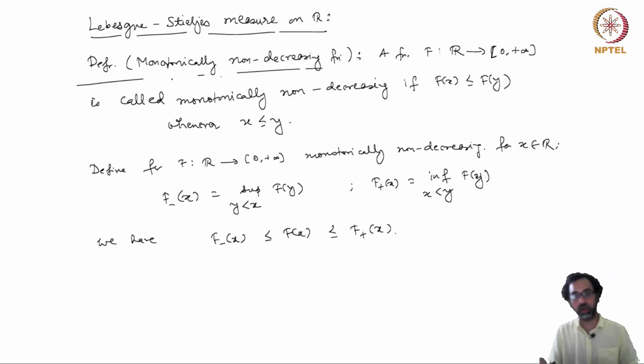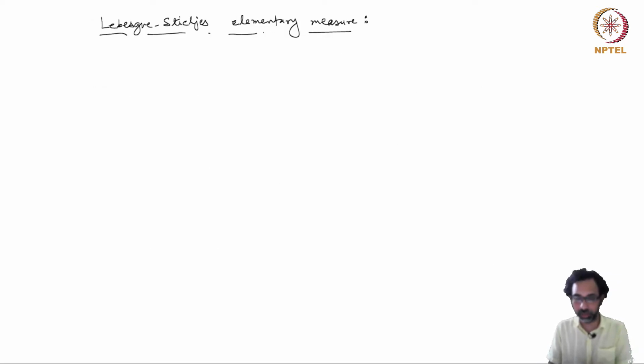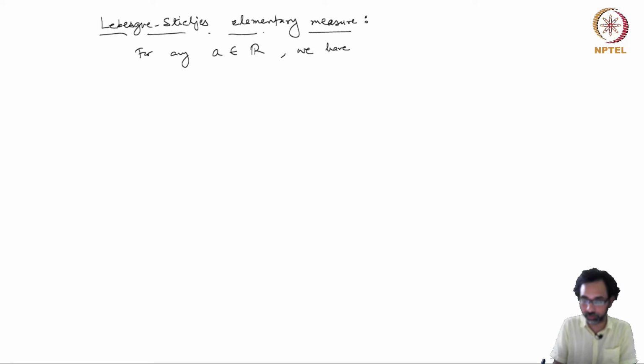So using this function capital F, we will define a pre-measure by giving a formula for the pre-measure on bounded intervals. Now we can define what's called the Lebesgue-Stieltjes elementary measure. For any real number a, I'll denote this as mu f of the singleton set a.